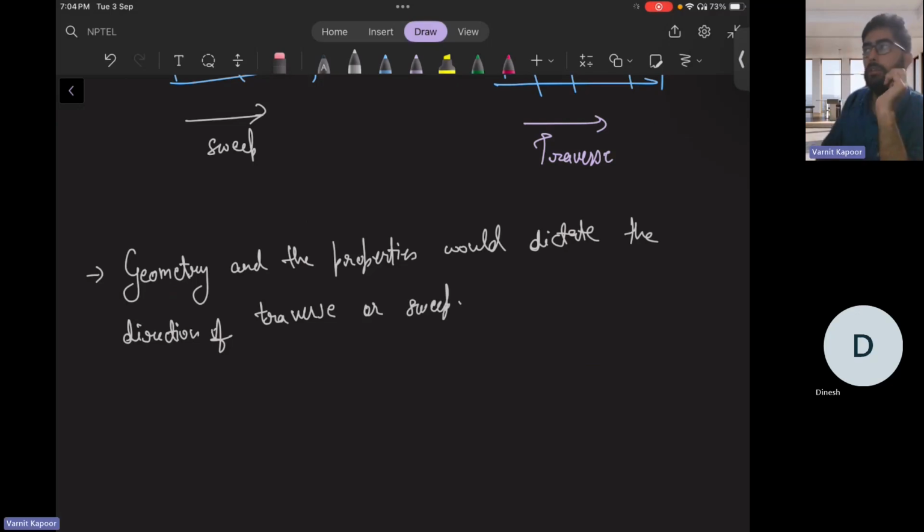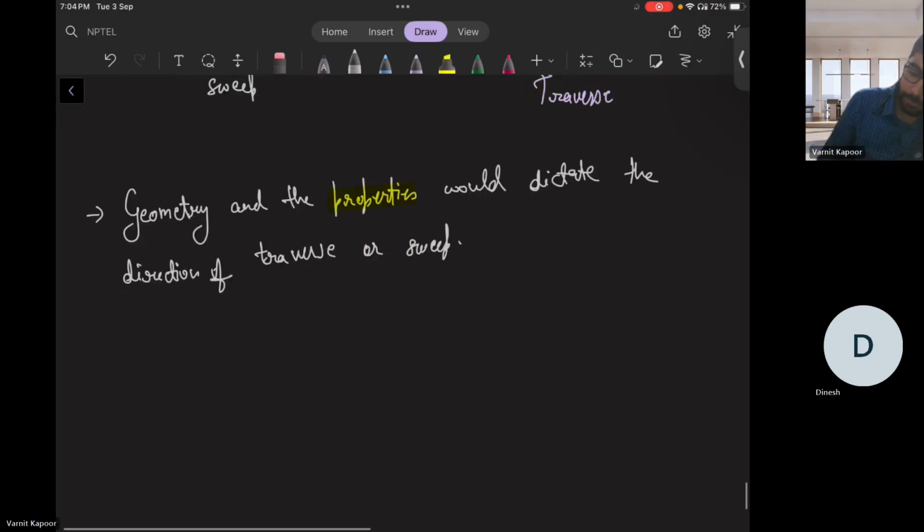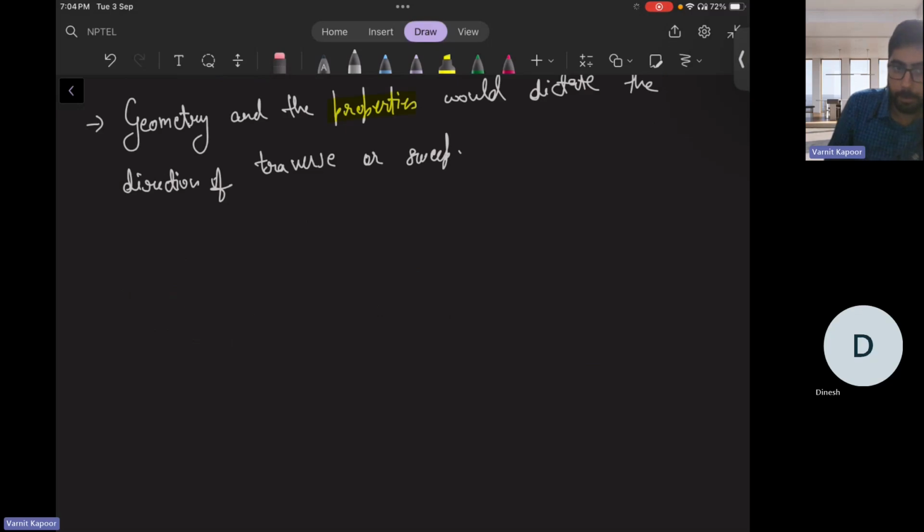So what do I mean? Suppose you have a uniform grid, or the geometry is uniform. Now how will the property affect? First, let's understand how the property is affecting. Suppose gamma of east and gamma of west, the conductivity, is much greater than gamma of north and gamma of south.